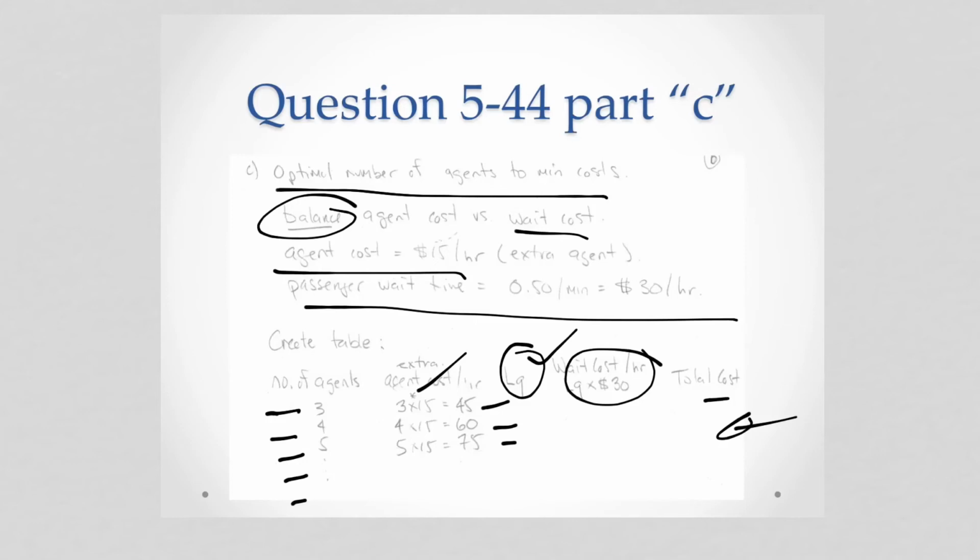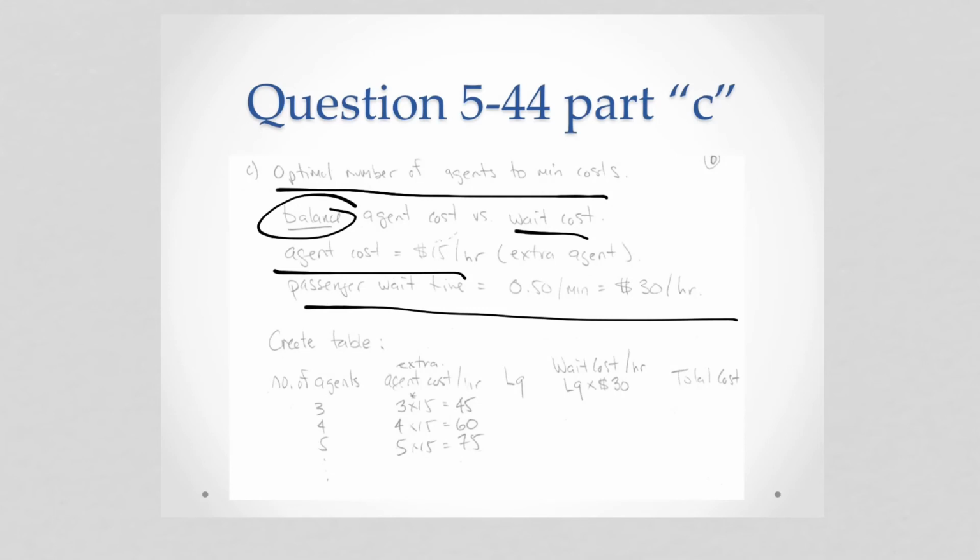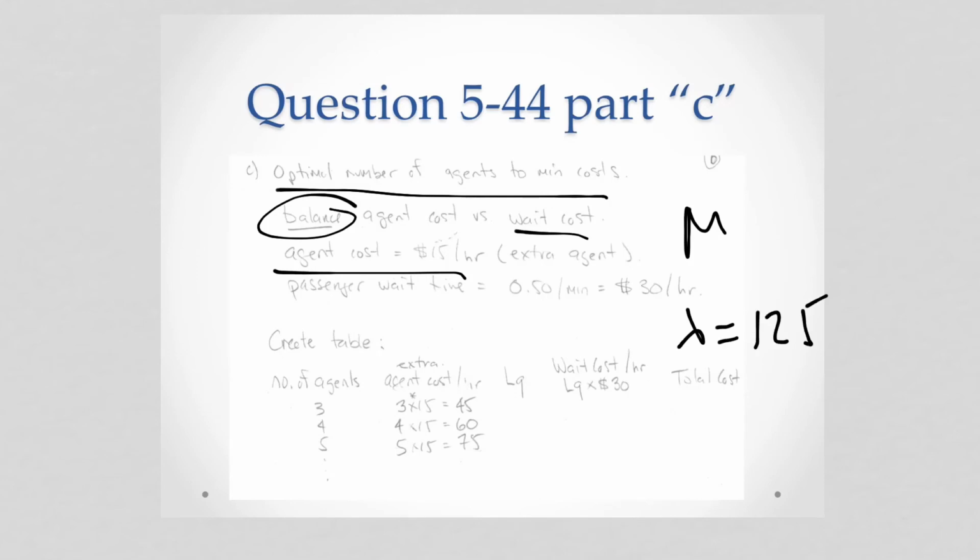Okay, so how do we go about that? The first thing I wanted to mention is, why don't we start at 2 agents, for example? Well, the reason we start at 3 agents is because we have a mu and we have a lambda. We know that our lambda is 125 and our mu is 52.